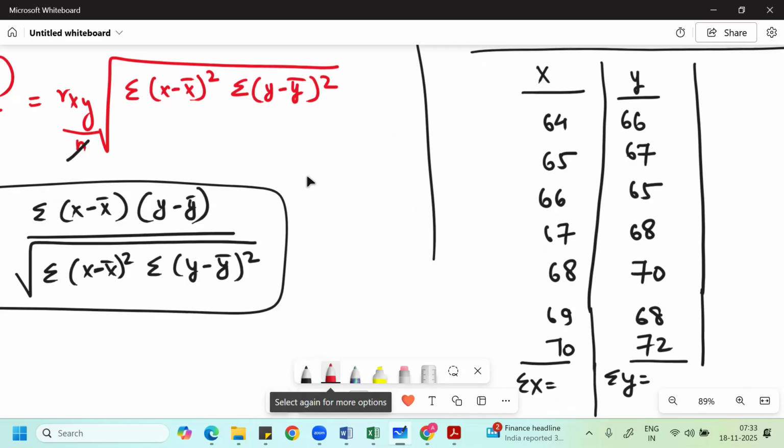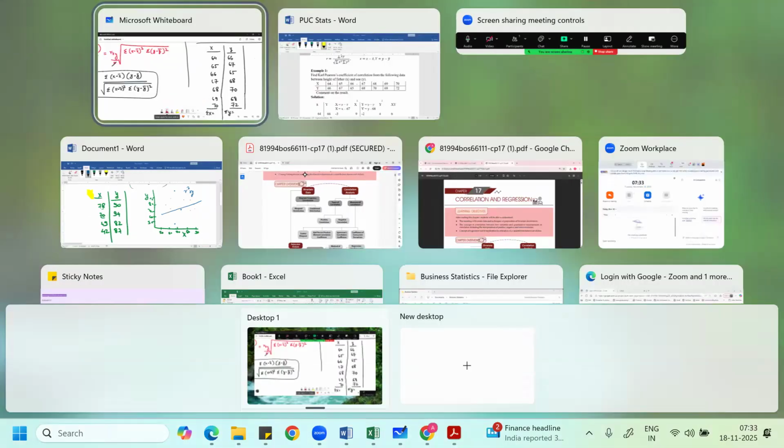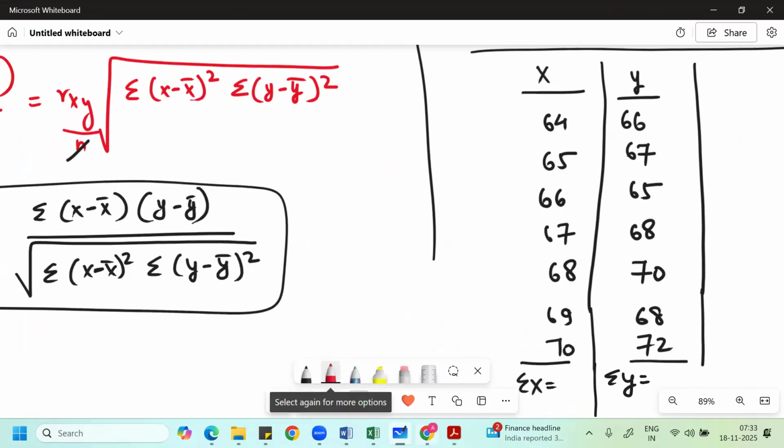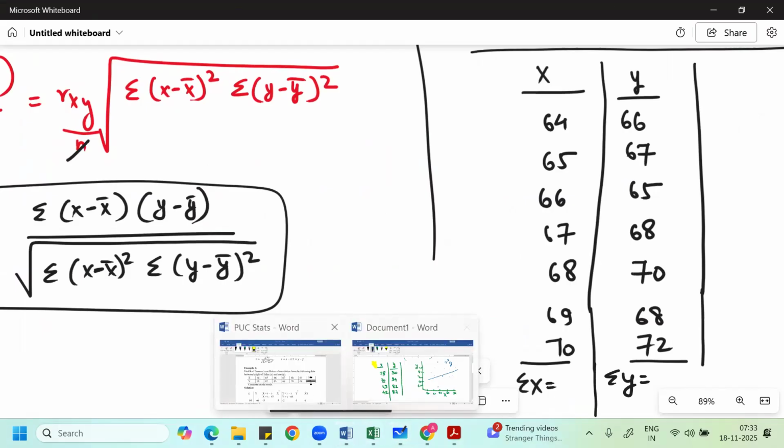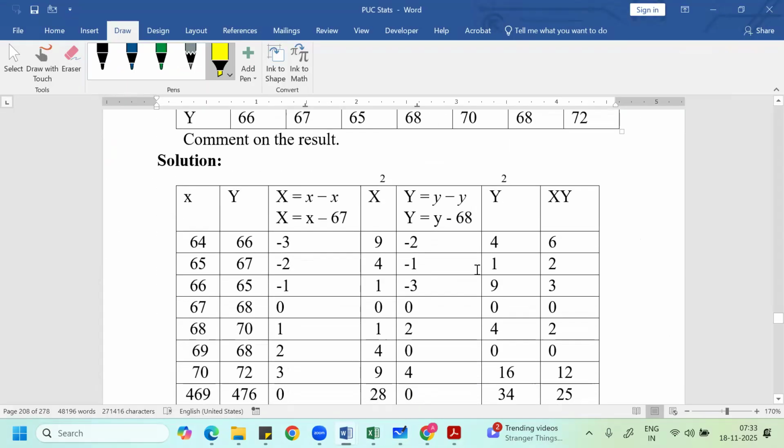Those data I need. And when you calculate correlation and regression, one thing you can remember is that they are not affected by the origin or scale.